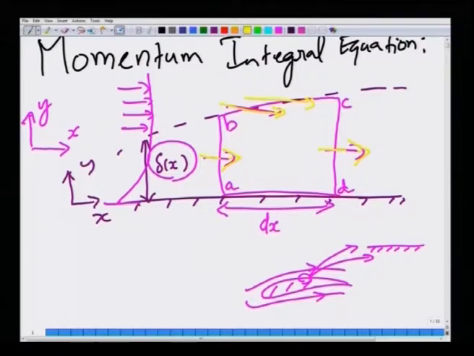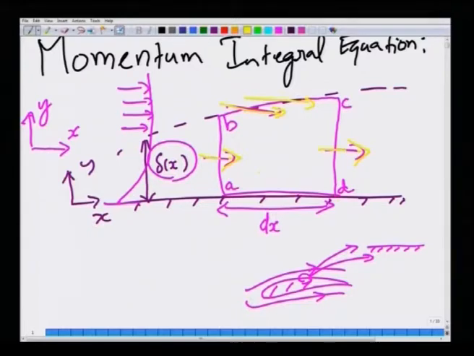We derived the mass conservation equation for this control volume in the last lecture and related the various mass fluxes, so the momentum can enter through all three faces. Along the face AD, the bottom surface, it is a rigid surface, so fluid cannot come in through AD because of the no penetration boundary condition.